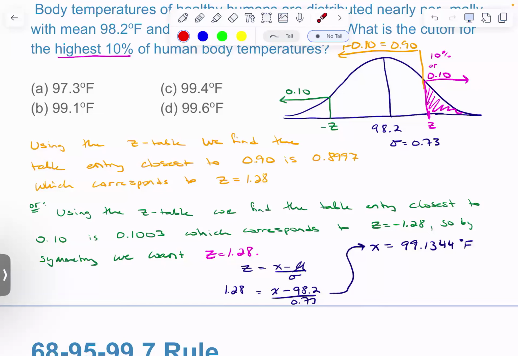And so let's see here, 99.1344. I'll go with this one. They did some rounding. I want you to keep all these decimal places, right? You don't get a lot, and so you may as well keep them all, show them off. Nice. Questions about that one? No.